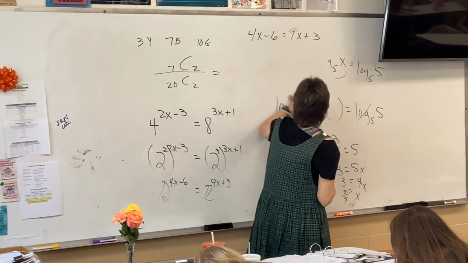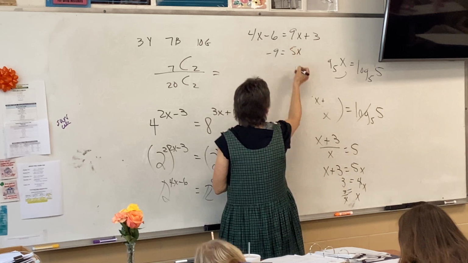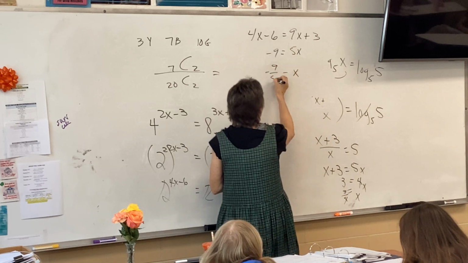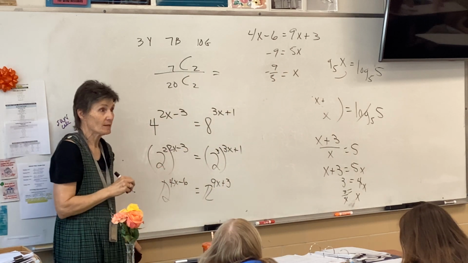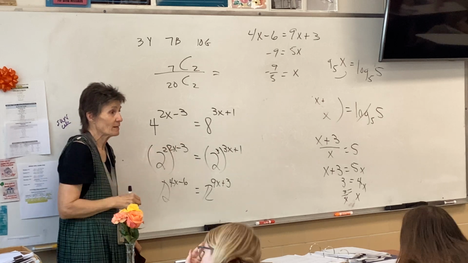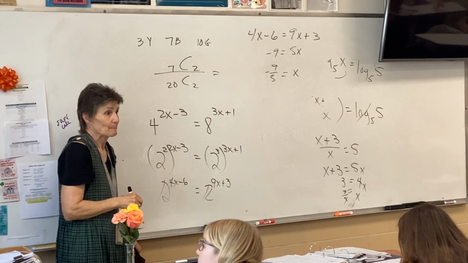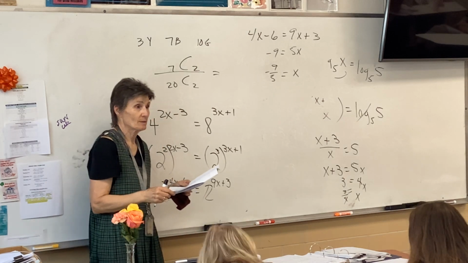So, let's see, that's going to be 5x equals negative 9. I got negative 9/5 as my answer. Perfectly okay. Exponents and negative, it's okay. All right, good. Can you guys find another one? If not, we'll go somewhere else.